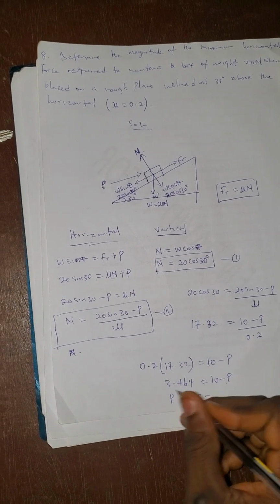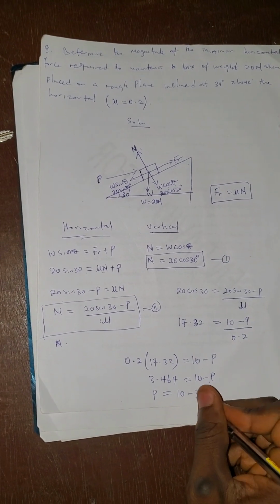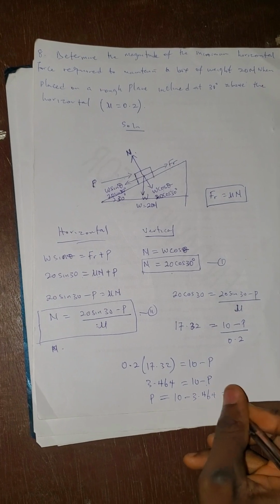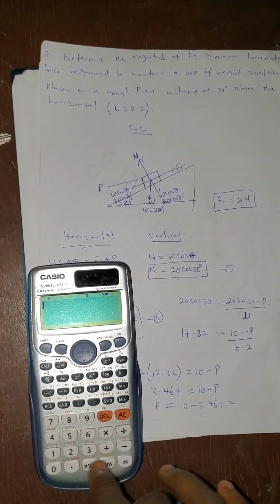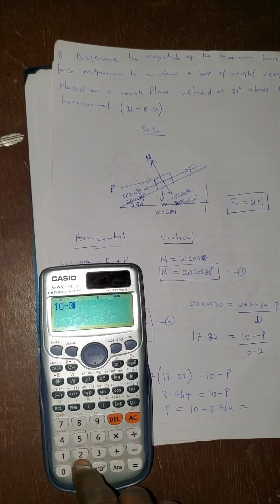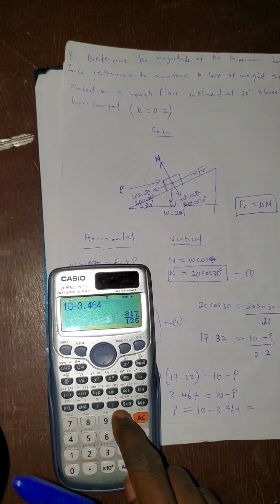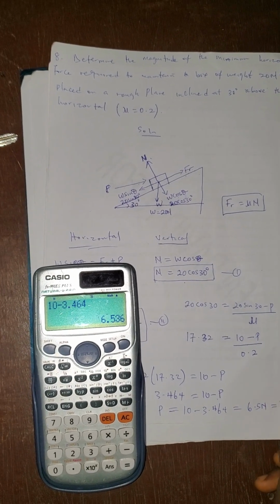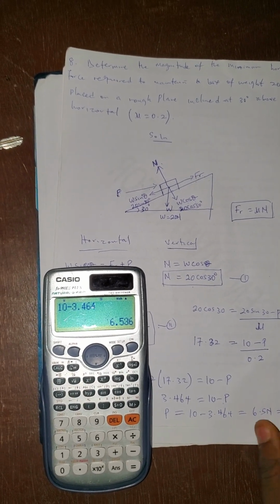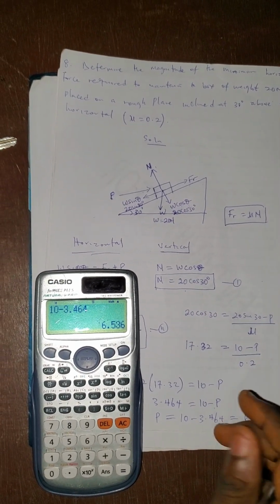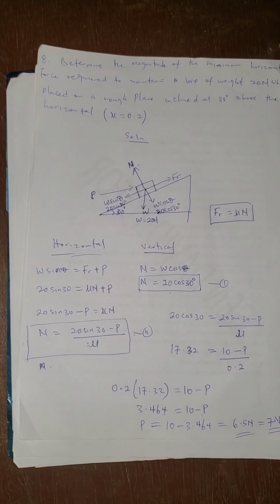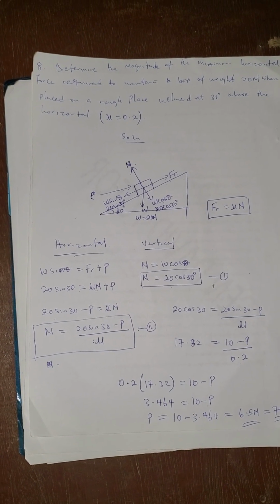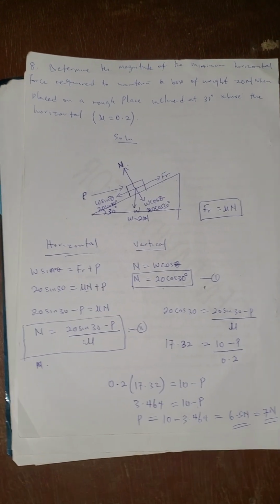If you take the 3.464 to the other side, then the answer will be 10 minus 3.464. The answer will be 6.536 Newton, approximately 7 Newton. So that's the answer. Now the next question, that should be question number 9.